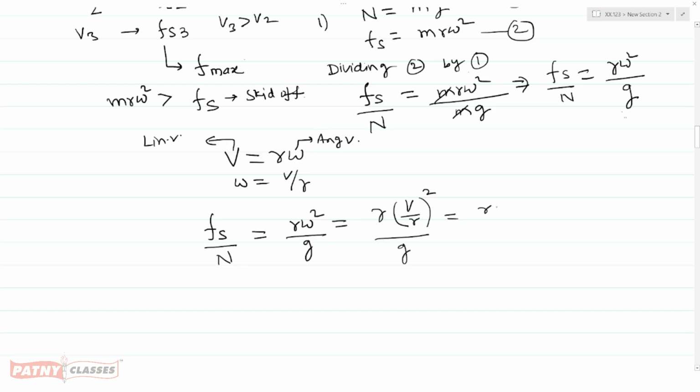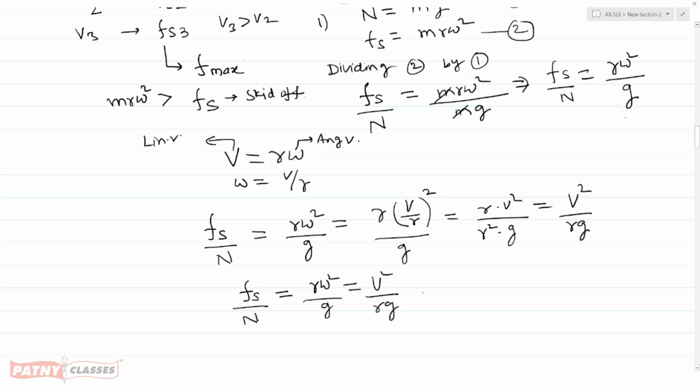So r into v square upon r square multiplied by g equals v square upon rg. Ultimately, Fs upon N equals r omega square upon g equals v square upon rg. This is the condition for what? Horizontal curved road.